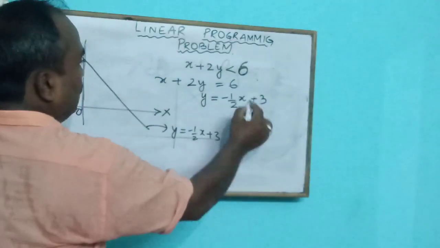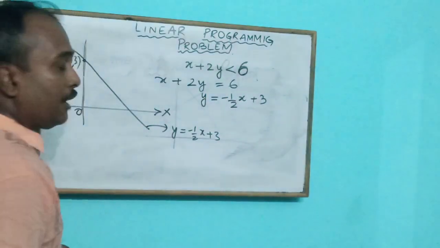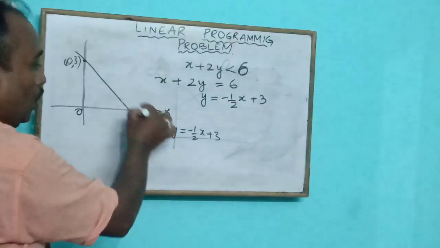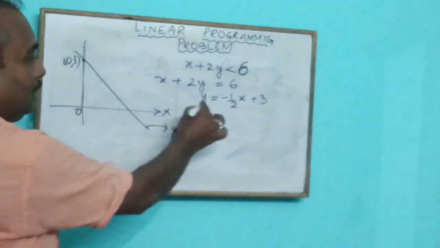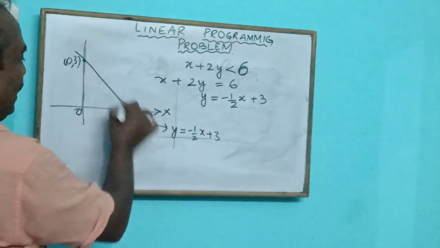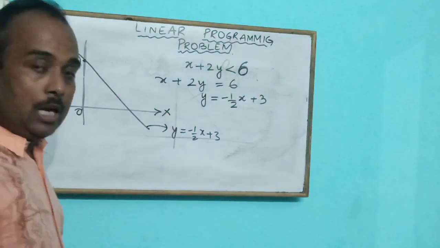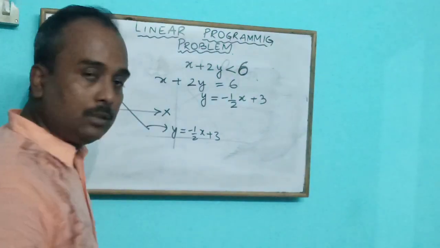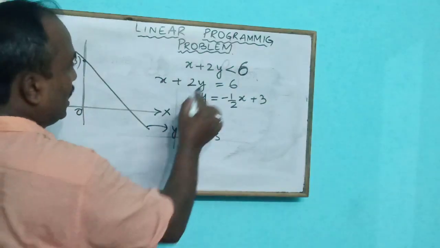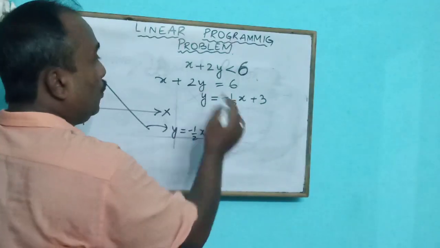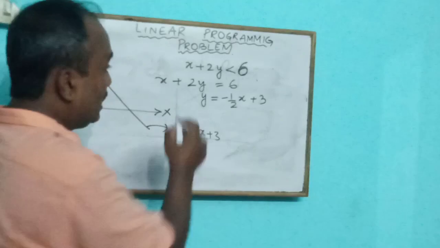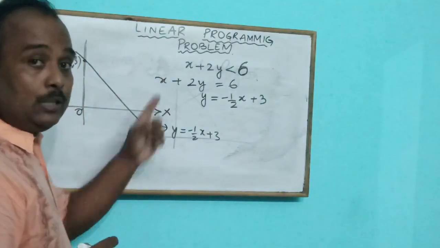Obviously, all the points x, y on the straight line y is equal to minus half x plus 3 satisfy the equation. But what about this inequality? This inequality shows that all the points x, y which satisfy x plus 2y less than 6.